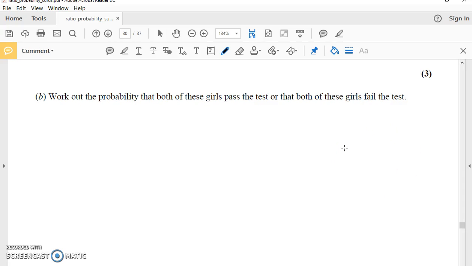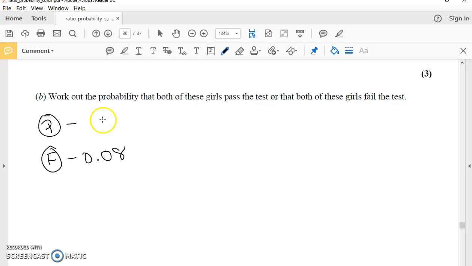Now for this one, it wants us to work out the probability that both of the girls pass or both of the girls fail. So I want the fail, which we did, which was 0.08.